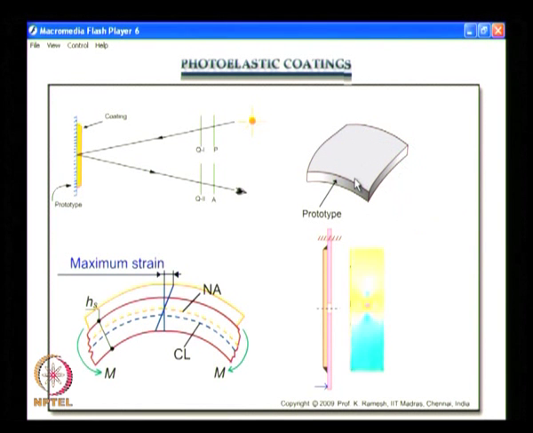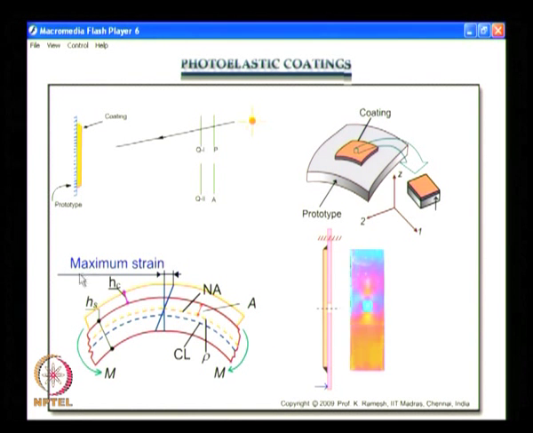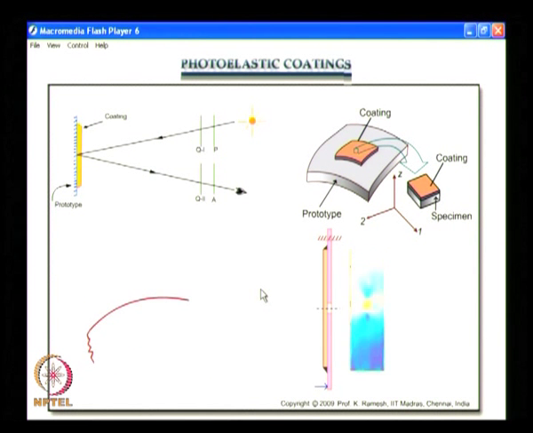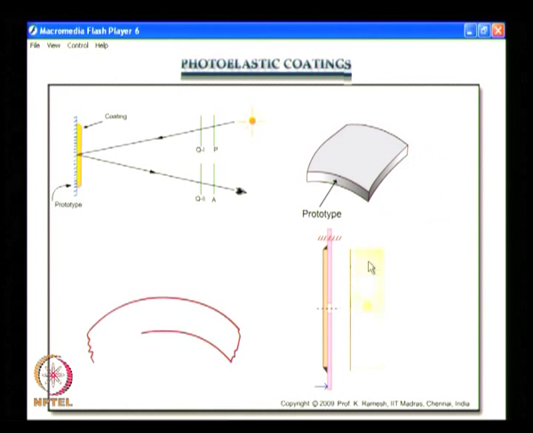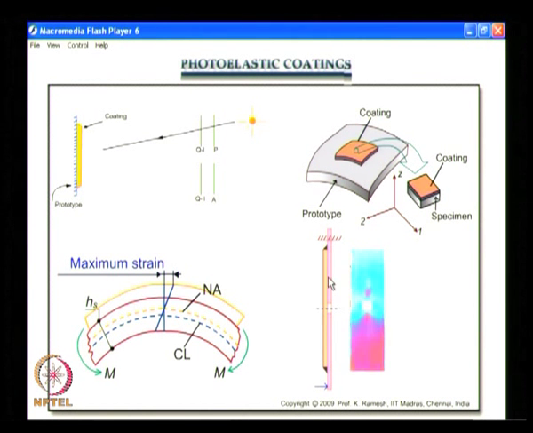And one of the important factors there is to consider what are known as correction factors, which will improve your prediction of the results. This shows an example of how the fringe patterns appear in photoelastic coating, and this also shows a specimen with a birefringent coating pasted onto it.